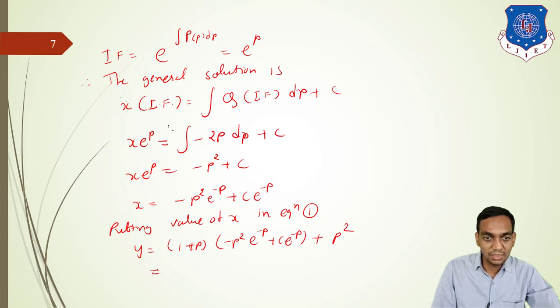If you have to simplify then simplify, otherwise put it as it is, that will also give you the answer. So this is x in the form of p, y in the form of p.